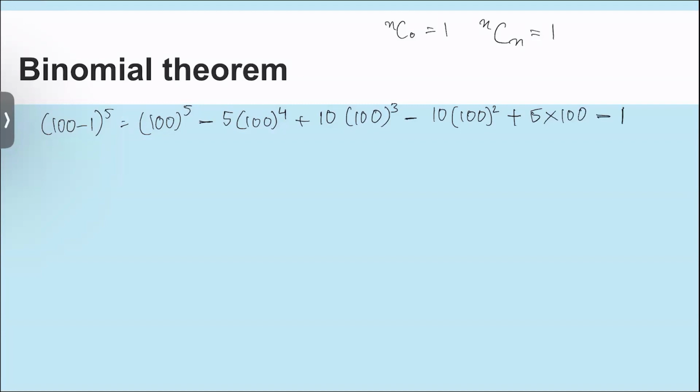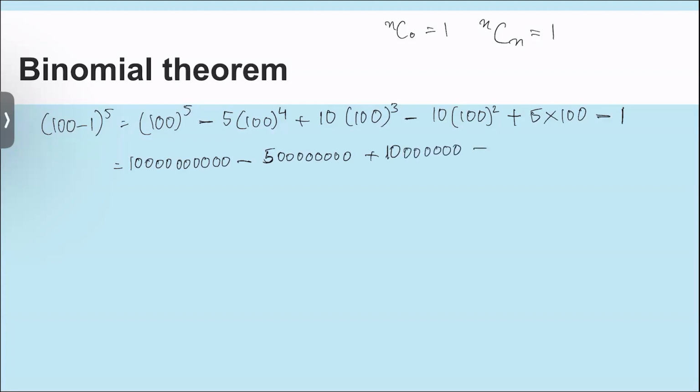1. Okay, now let's expand, or write the entire thing. This will be 5 into 100 raised to 4. And then you have 10 multiplied by your 100 cube, so you just add the zeros for the 100 cube over there.